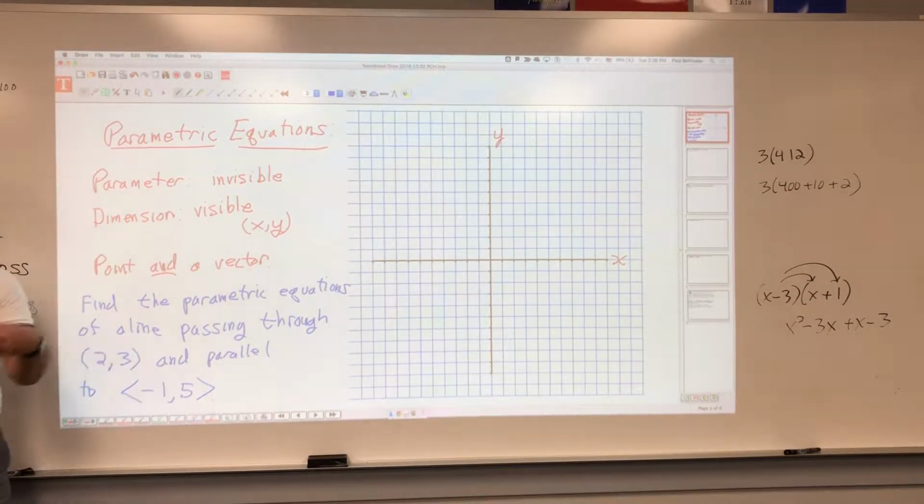We're going to combine a point, which is location, with a vector, which is not, which is direction and magnitude.